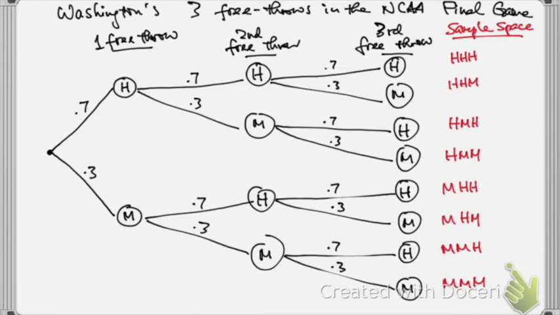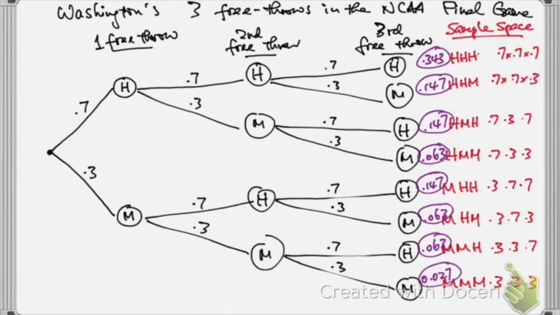Now, to calculate the probability of each outcome, we multiply all the probability numbers along the branches that lead to that final outcome. So, for example, HHH would be 0.7 times 0.7 times 0.7. I'm going to do the same thing for the rest. The second one is 0.7 times 0.7 times 0.3.